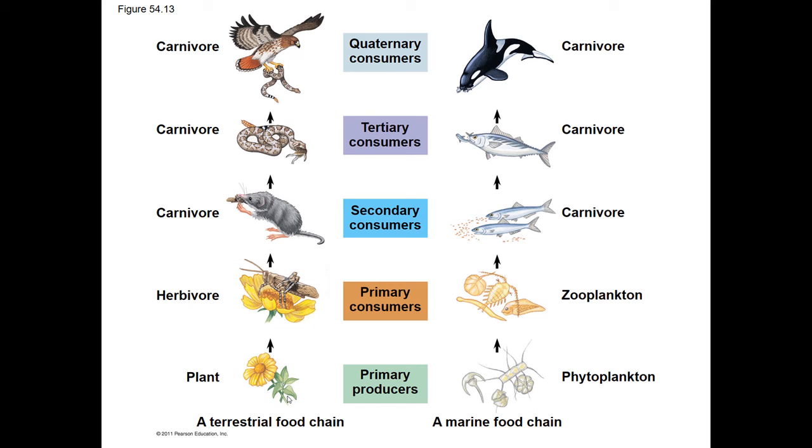So the next level up is what we would call our primary consumers. And by the way, sometimes I'll write primary as like this. So if you see that, that's primary. So our primary consumers are eating our primary producers.